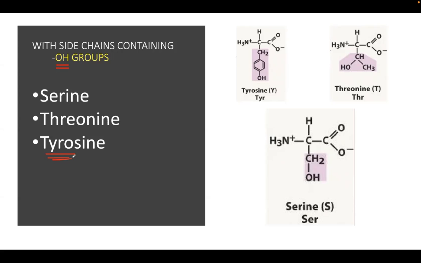Does tyrosine have an aromatic ring? The answer is yes, as you can see here. So tyrosine has more than one classification. It has an aromatic ring, therefore it can absorb ultraviolet light. It also has a hydroxyl group. Here is the OH, the hydroxyl group.